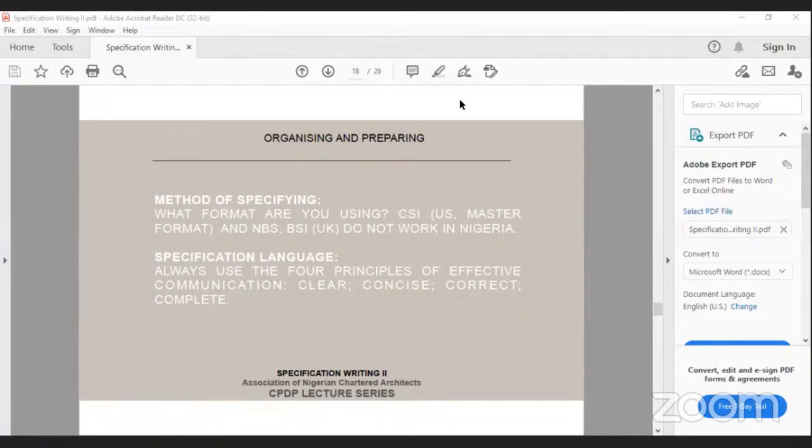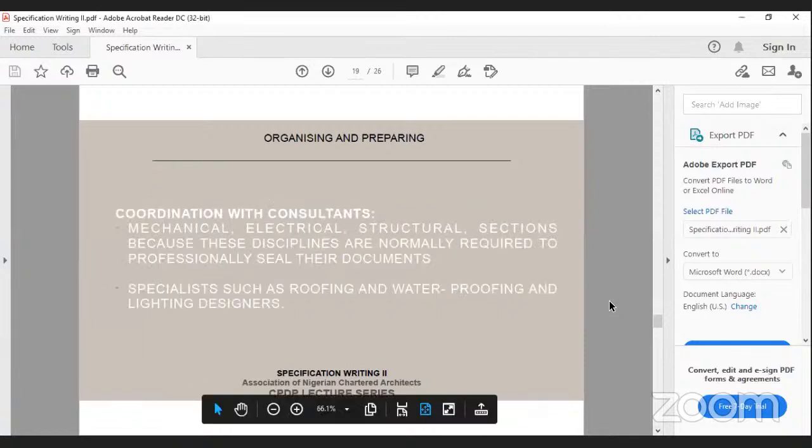It's also important that you communicate and coordinate with other consultants. Don't assume that you are the only one who is writing all the information. You are the architect.